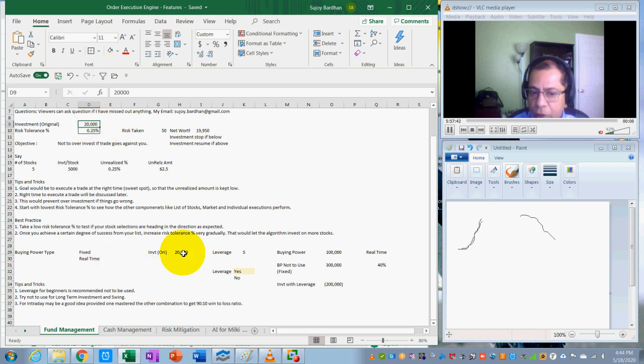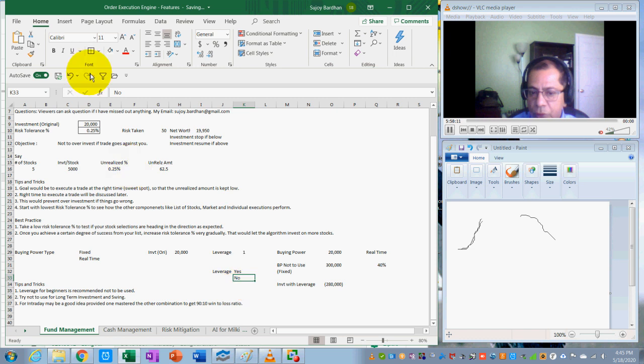You're looking into that 20,000 amount, and say for example your leverage in Interactive Broker is 1, it means you're using your own cash. That means you're not using anybody's margin loan at all.